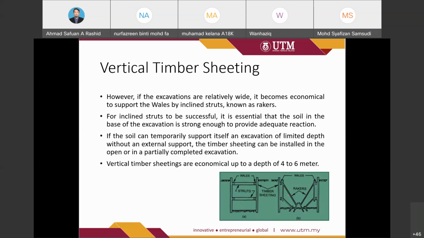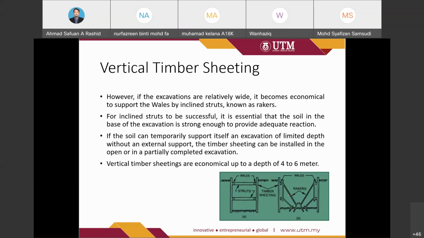If the soil can temporarily support itself in an excavation of limited depth without external support, the timber sheeting can be installed in the open or in a partially completed excavation. If they feel that the surrounding soil is strong enough, it doesn't require the strut or the rakers, just rely on the timber sheeting only.